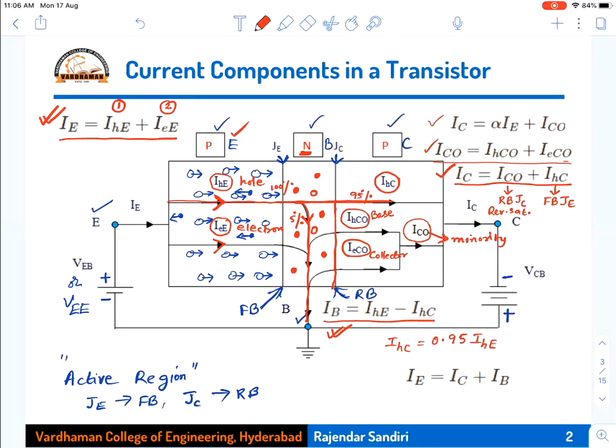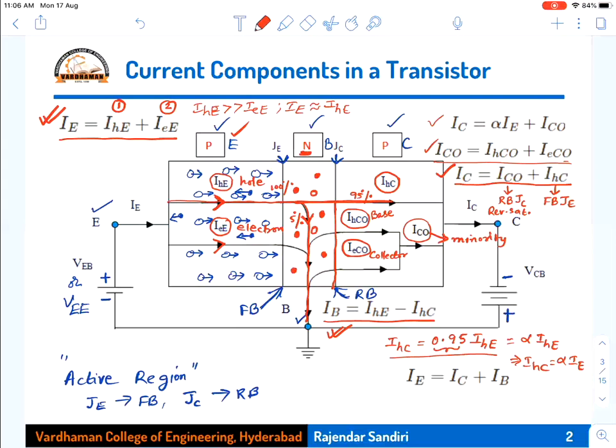This 0.95 is nothing but alpha, so IHC is alpha times IHE. But IHE is very much greater than IEE, so I can approximate that IE is approximately equal to IHE. So in place of IHE, I can write that IHC is nothing but alpha times IE.